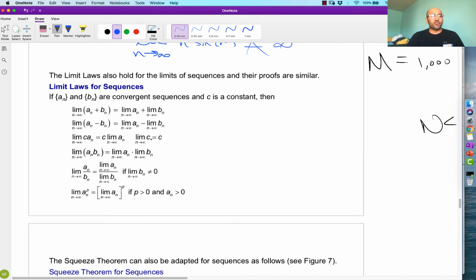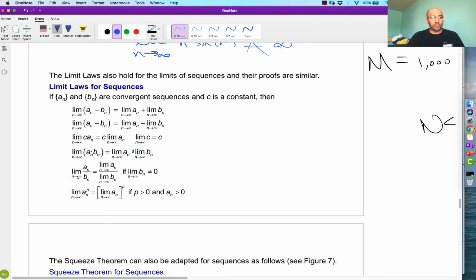Good. And also, we know that if we have the limit of a constant C, there is no n, then it's just always equal to C. Good. If we have a product, A sub n times B sub n, the limit of a product is equal to the product of limits. Right? So we can separate it into two separate limits, find them separately, and then multiply our answers together.